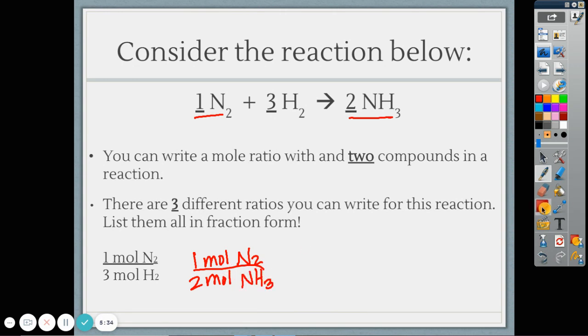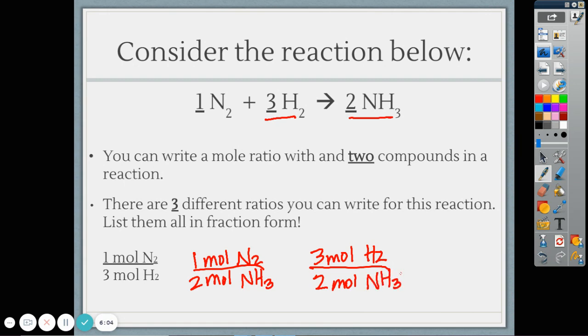So whatever the coefficient is, you're just taking that and putting it into that fraction form. Then lastly, I can see what the ratio is between hydrogen and NH3, ammonia. So 3 moles of hydrogen is equal to 2 moles of NH3.